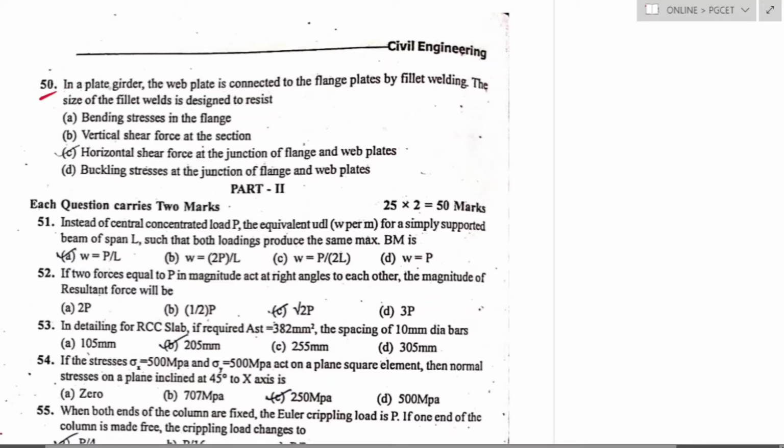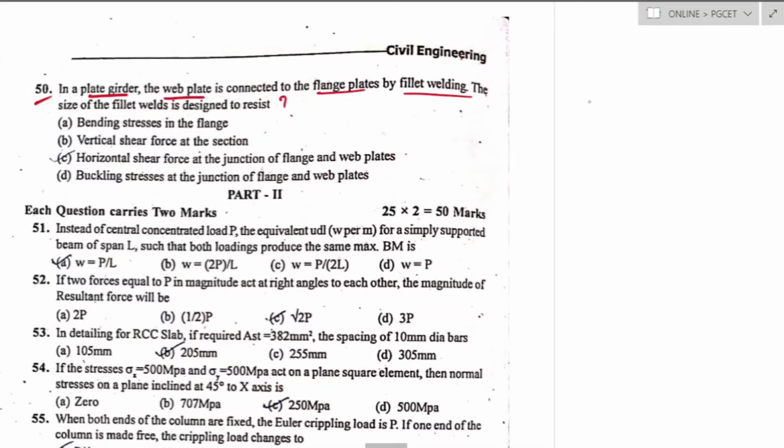Question number 50. In a plate girder, the web plate is connected to flange plates by fillet welding. The size of the fillet weld is designed to resist. Consider a plate girder of I section.